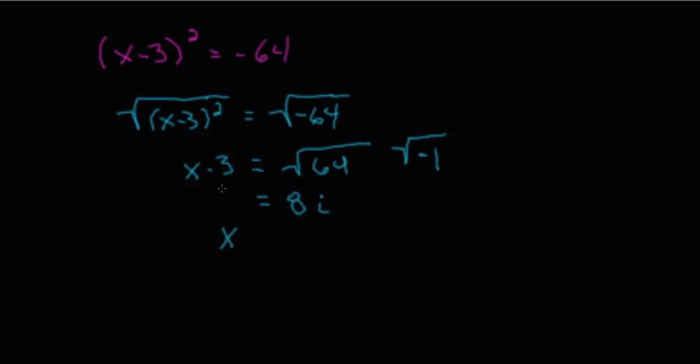Just like in the last one, we have to consider when it's a positive or a negative. So the square root of a negative 64 is a positive or a negative 8i. So our solution is x equals, if we add 3 to both sides of the equation here, x equals 3 plus or minus 8i.